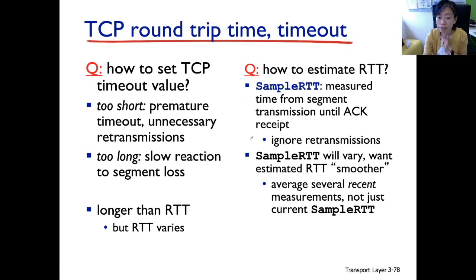And we get lots of these sample RTTs, and they could vary quite a bit. So you see that it's actually not good to use the sample RTT as the timeout interval for the next packet. So what TCP does next is get a smoother estimation of the round trip time. That is done by taking the average of multiple recent sample RTTs.